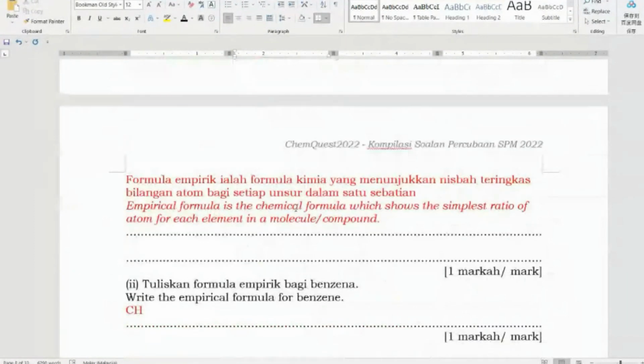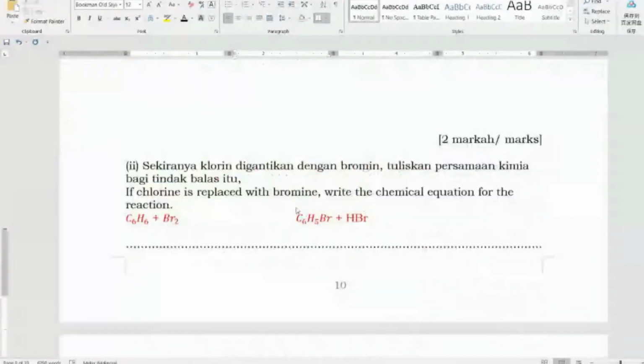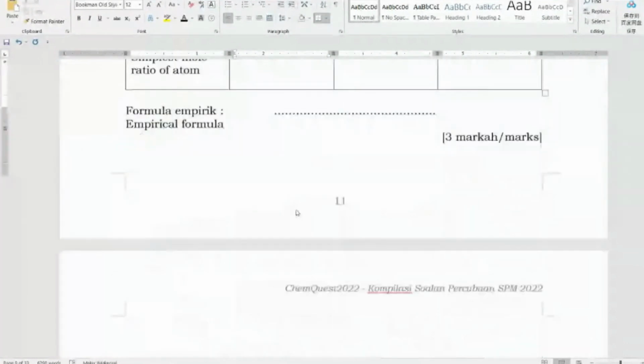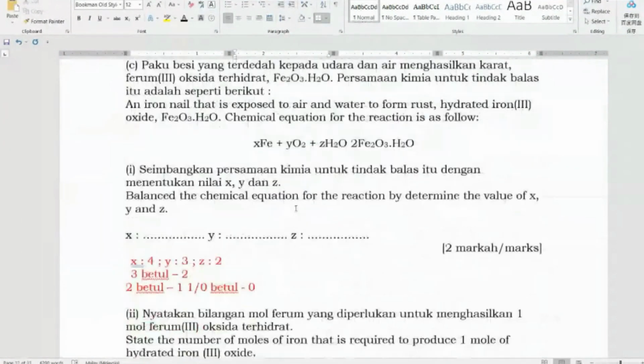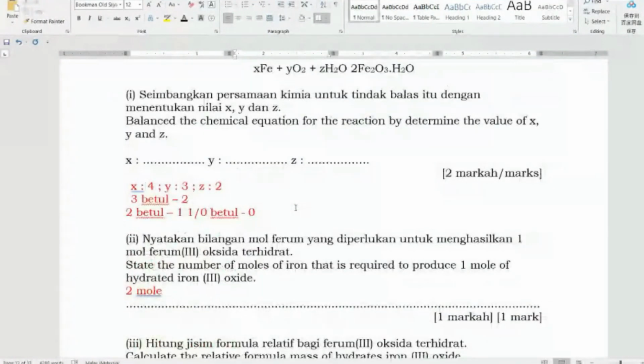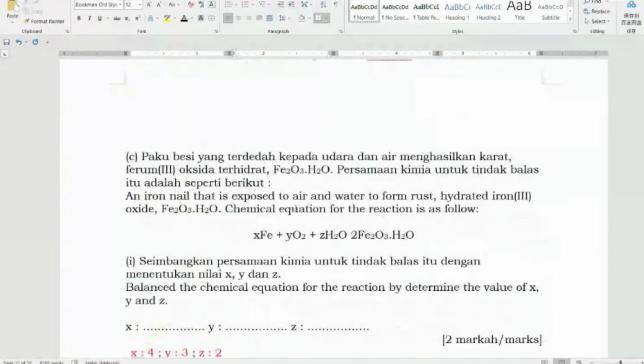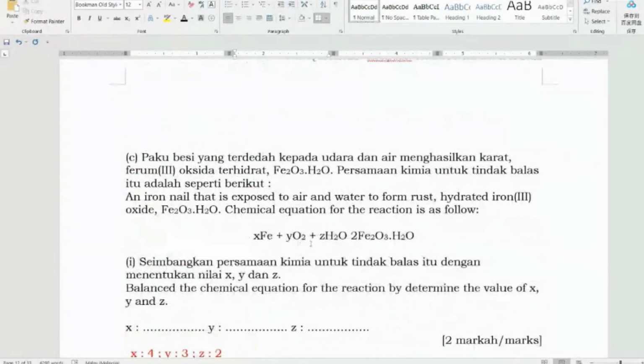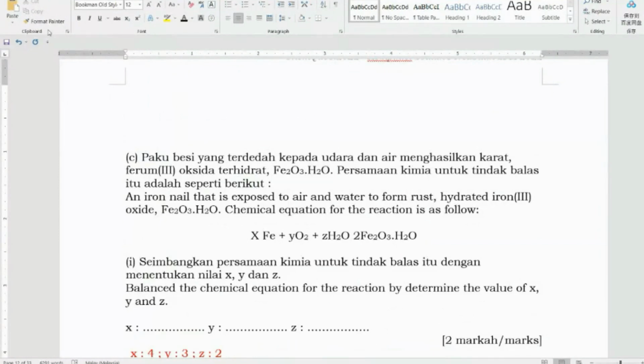Same question, correct? Then why do we try this question? How to balance the equation? What is the x? What is the y? What is the z?